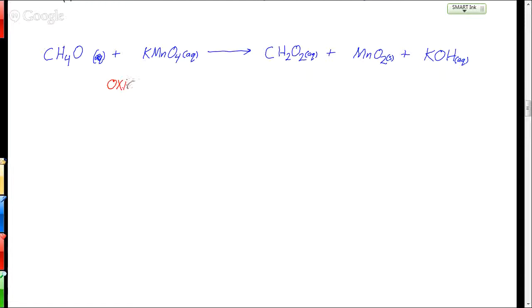So let's find the oxidizing agent and the reducing agent. And how you know, based on the change in oxidation states.